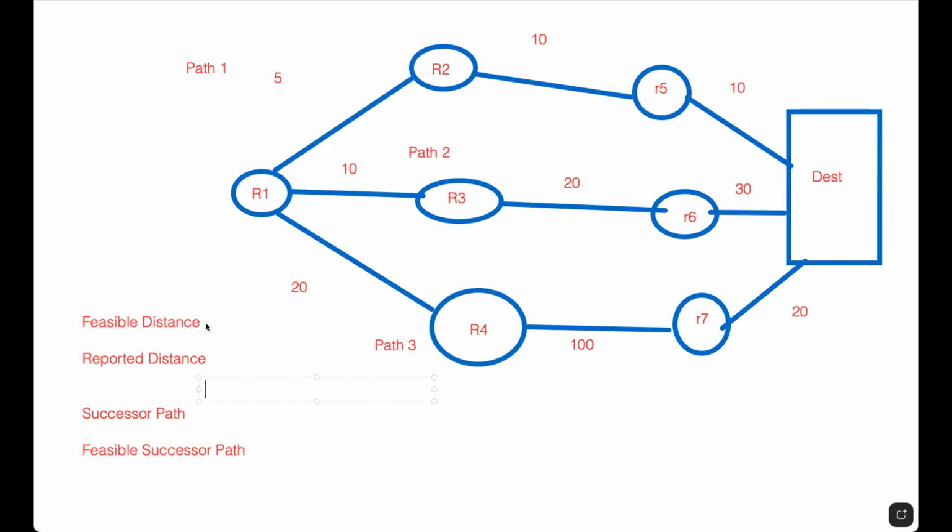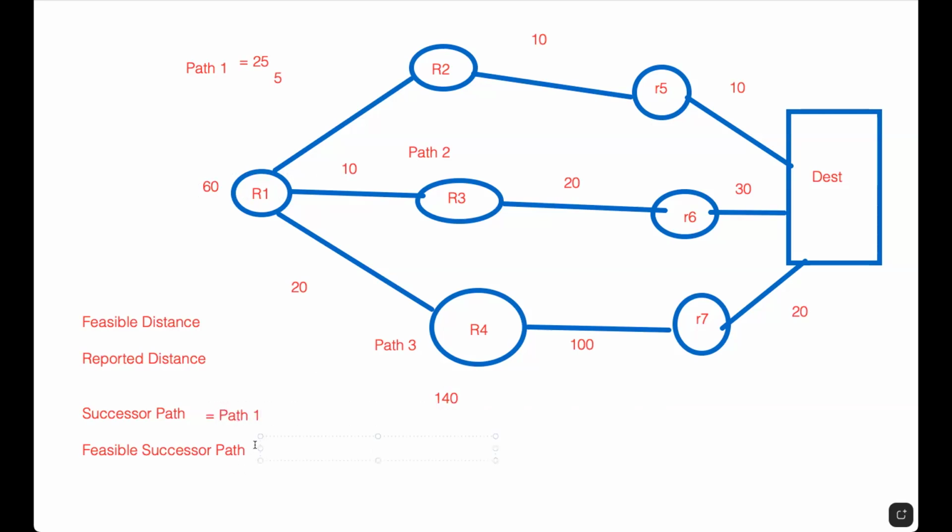Yeah, so let's look at the best distance. Path 1 distance is 25, the entire path. Path 2 distance is 60. And path 3 distance is 140. So best path is path 1, which is called the successor path.